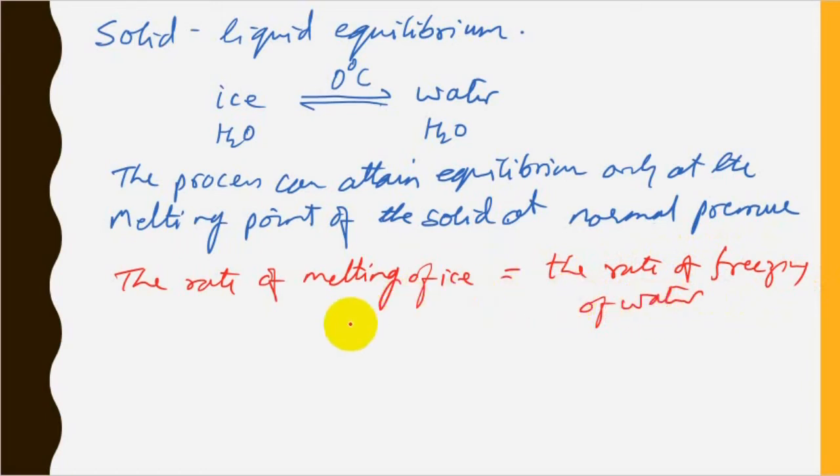If these two processes are equal, then you'll say the equilibrium is established, isn't it? And for this to be established, there is a condition. What is the condition? Only at its melting point it can be established. At any other temperature, it cannot be established.